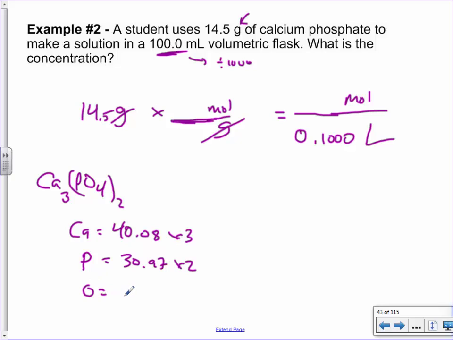Anybody know oxygen's molar mass? Right on the dot. Do those zeros matter? For precision and sig digs, yes they do, because it's more precise when you have more digits. How many oxygens do we need total? Yep, 8.